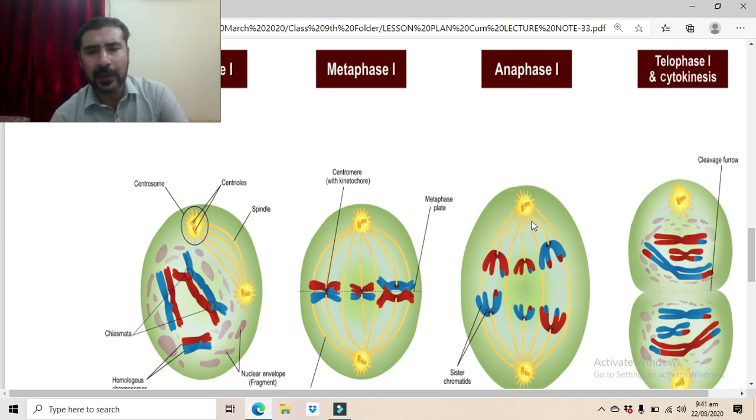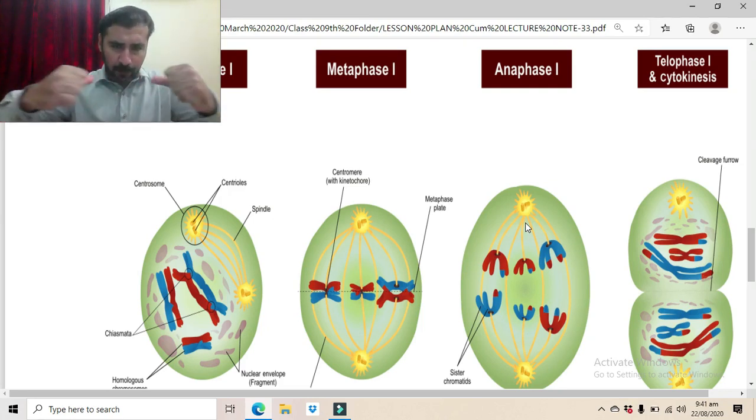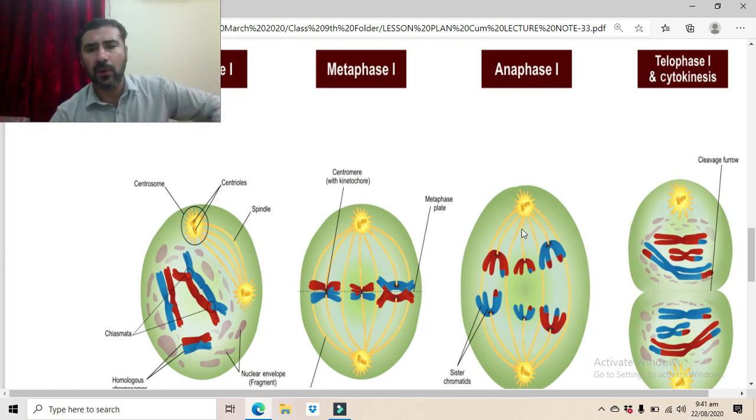Next, these spindle fibers contract, they shorten. Whenever they shorten, they pull the chromosomes. So the spindle fibers will shorten, and as a result the chromosomes are pulled toward the poles.